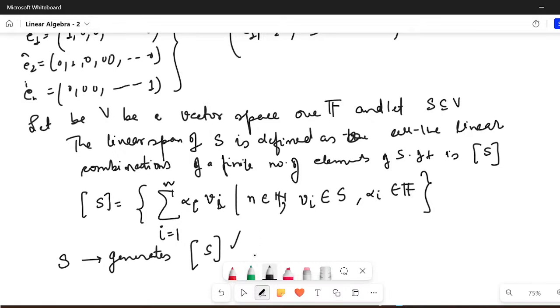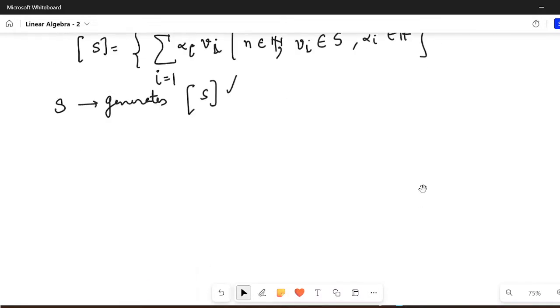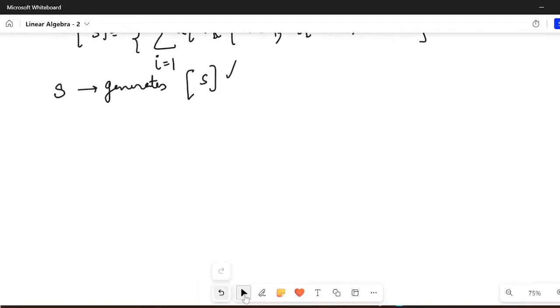Okay, let us say, suppose for two dimensions, what would be the linear span? What do you think in two dimensions? What are those two vectors which can generate the entire space? Just think about them. What are those two vectors which can span the entire R square? Clearly, those will be 0, 1 and 1, 0.